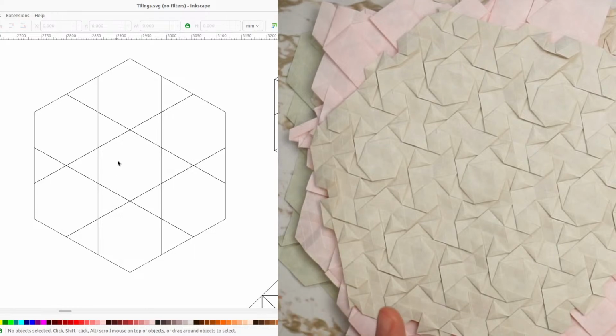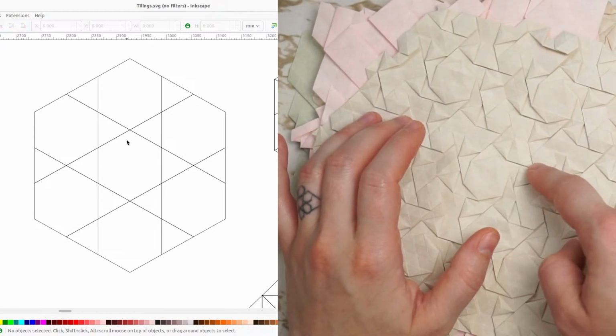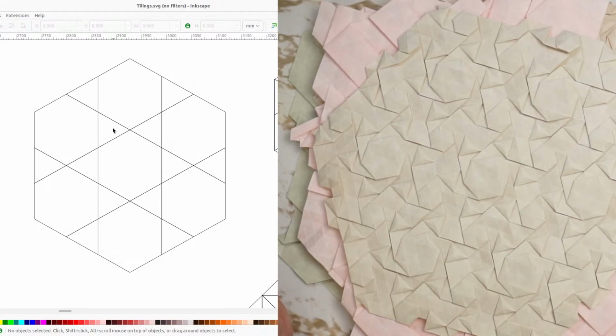And in this tiling, every hexagon has 6 triangle neighbors, and every triangle has 3 hexagon neighbors. When you're going around a blank space on the paper, like this, you go hexagon, triangle, back to your first hexagon. So that's this loop around a corner. And there's no other loops.